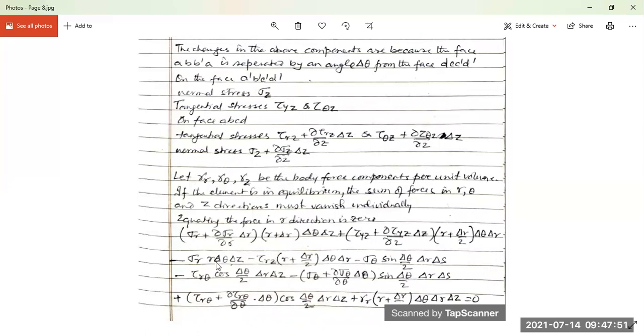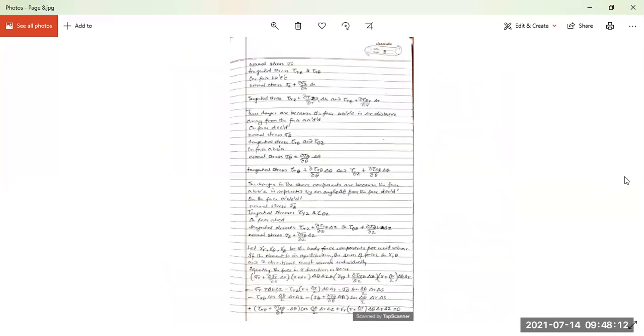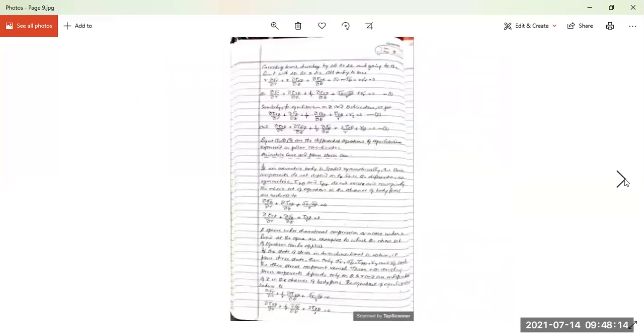Sigma r into r delta theta delta z, at r plus delta r, plus sigma theta sine of delta theta divided by 2, multiplied by delta theta. Thus, we add and subtract all these terms and equate them to 0. We will get an equation like this here. Next. Equation 5.